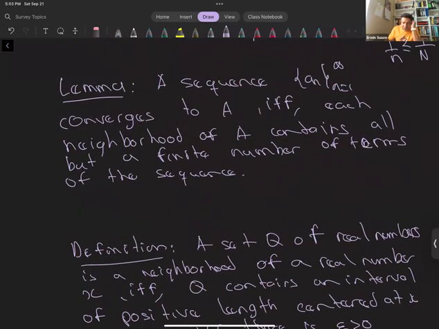So the lemma is saying that the sequence converges to A. So this is A, and it says that any neighborhood of A, this would be a neighborhood of A because it has a little interval containing A, contains all but a finite number of terms of the sequence.